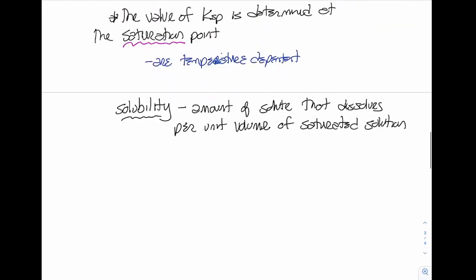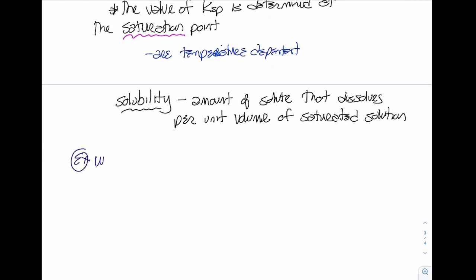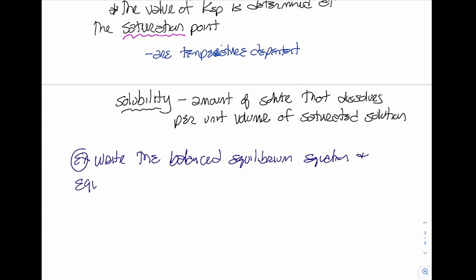So let's do one more example. We're going to write the balanced equilibrium equation and equilibrium constant expression, which I can't spell, for calcium phosphate.